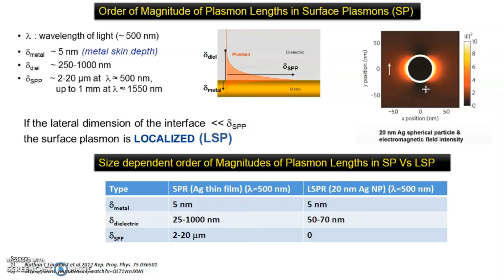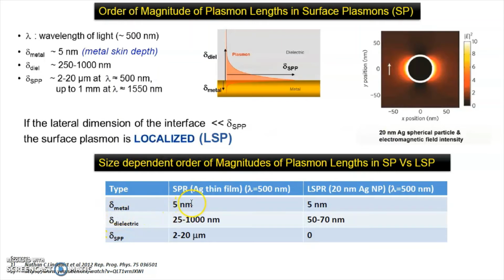Let us compare the parameters of delta metal, delta dielectric, and delta SPP in the case of a silver thin film and a silver nanoparticle. Here you can see that the incident monochromatic light is the same. Let us say lambda is 500 nanometer. In this case also lambda is 500 nanometer. Now as I said, the diameter of this spherical nanoparticle lies in the range of 20 nanometer.